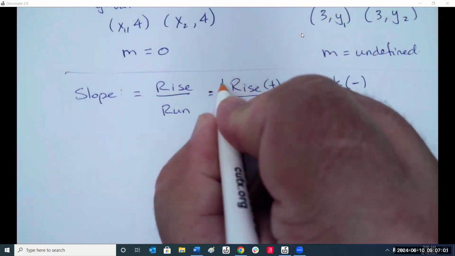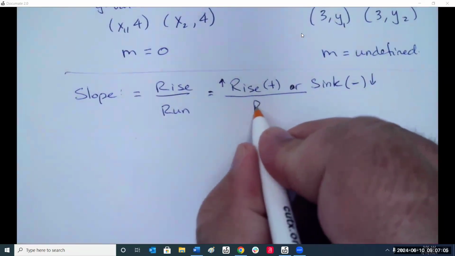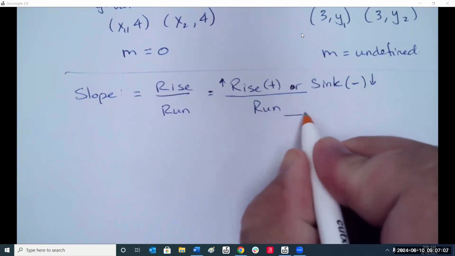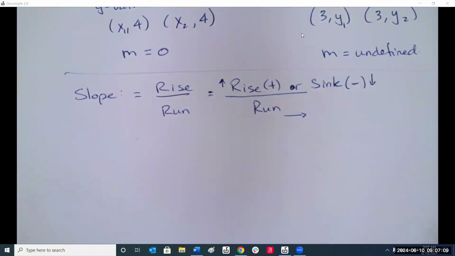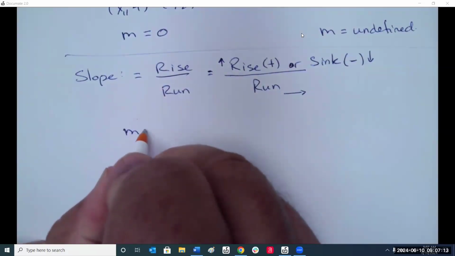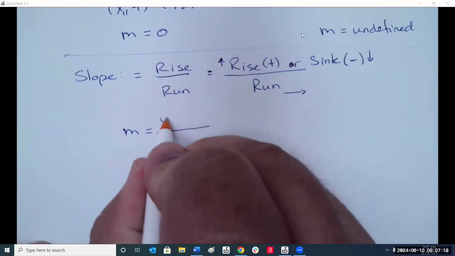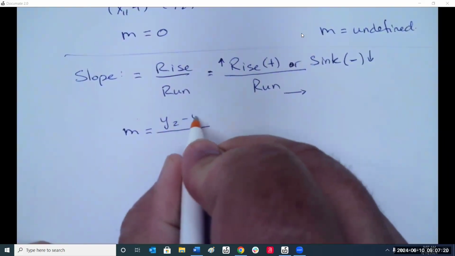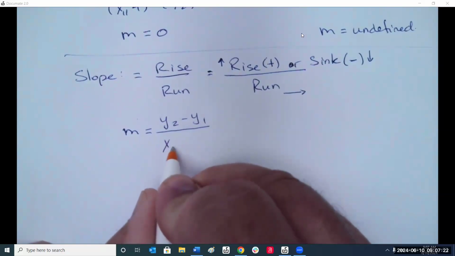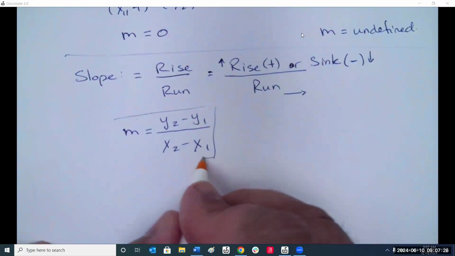As it goes up if it's positive, it goes down if it's negative. The run is always to the right. The variable we use for slope is m. The formula is the change of y over the change of x. That's our formula for the slope.